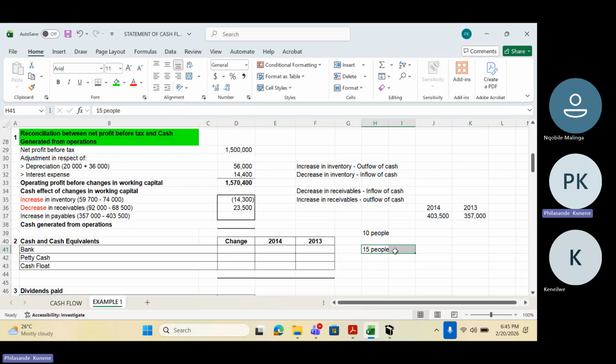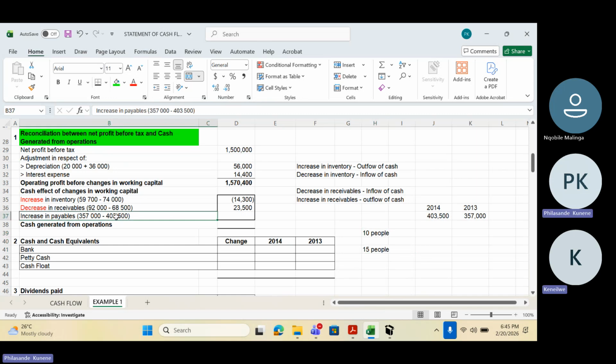That is going to end up being an inflow of cash. It's like I borrowed more money, even though they gave me the stock, compared to the previous year.